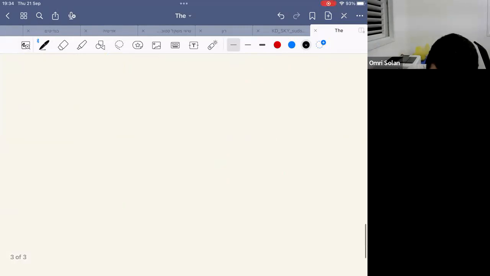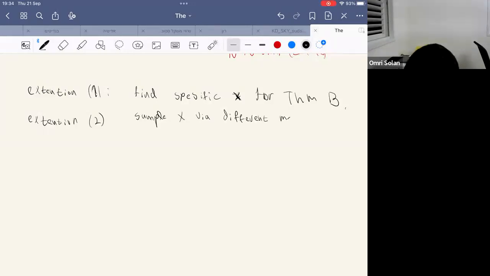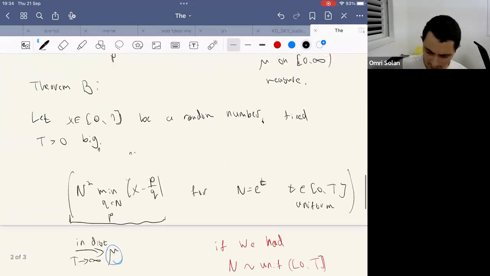Extension 2. For both theorems, we can try to sample x via different measures. That is another extension.